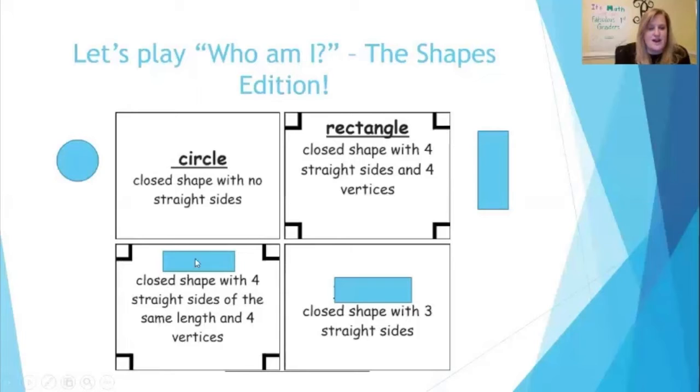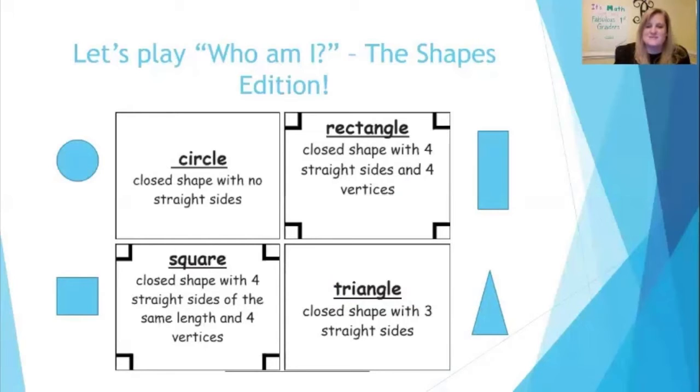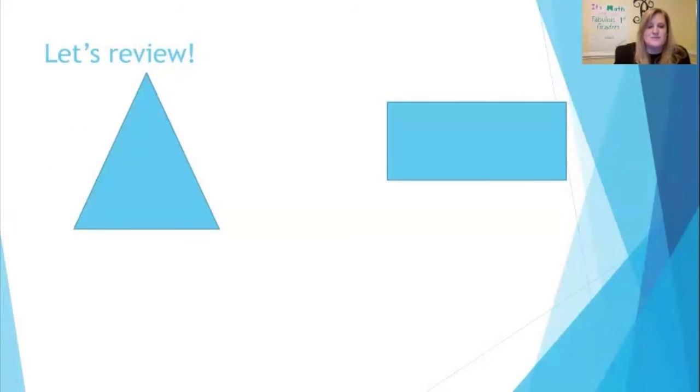And it also has 4 right angles. Did you say a square? Great job. The last clue, a closed shape with 3 straight sides. What do you think it is? A triangle. Great guessing.